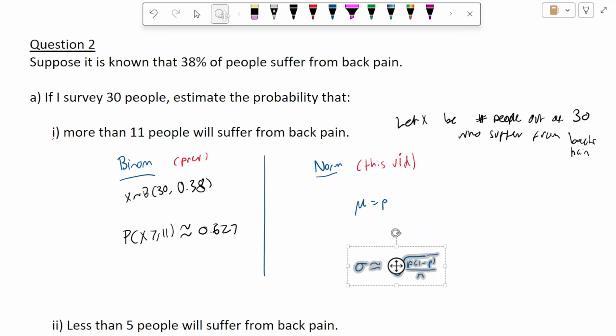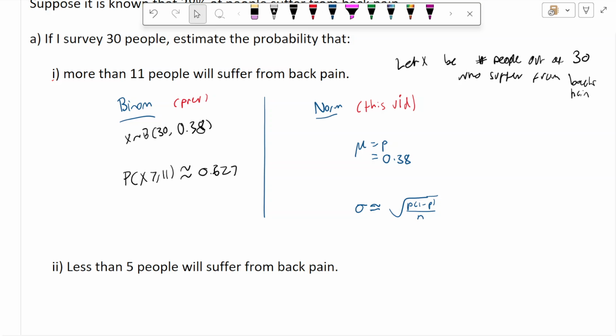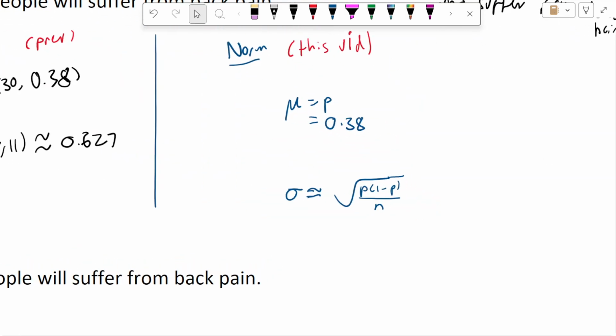Okay, so why did I not give myself more room there? There we go. So the mean is p, which is 0.38. And with the standard deviation, this would be root of 0.38 times 1 take 0.38 all over how many people we surveyed, which is 30.